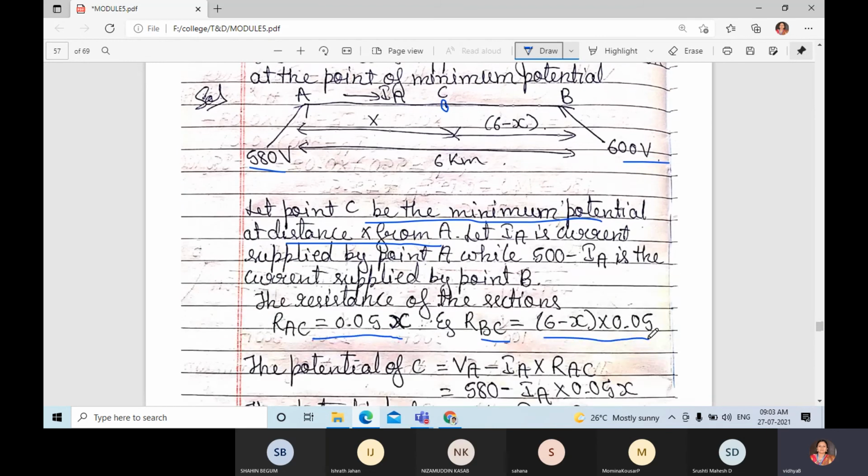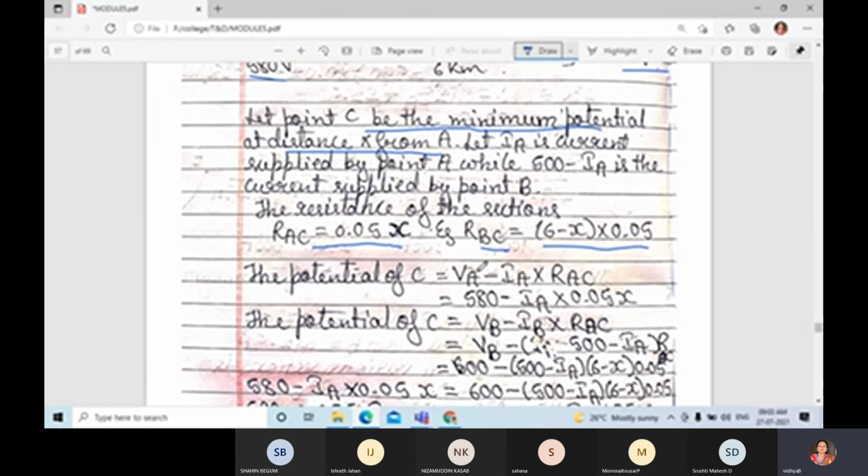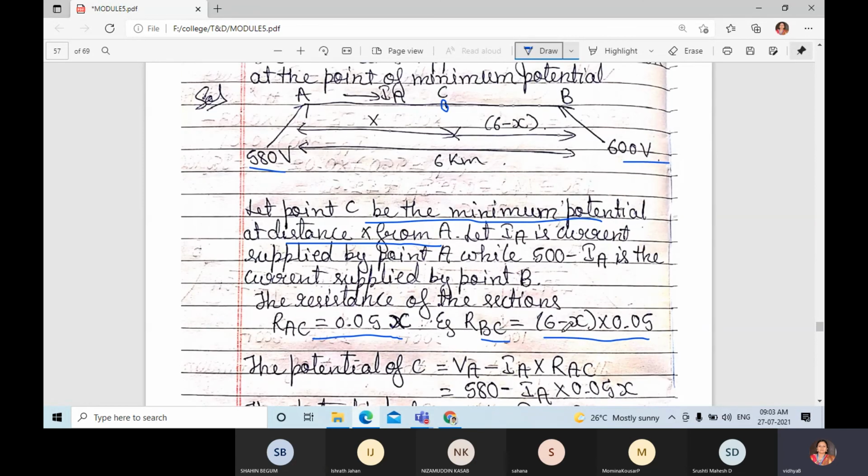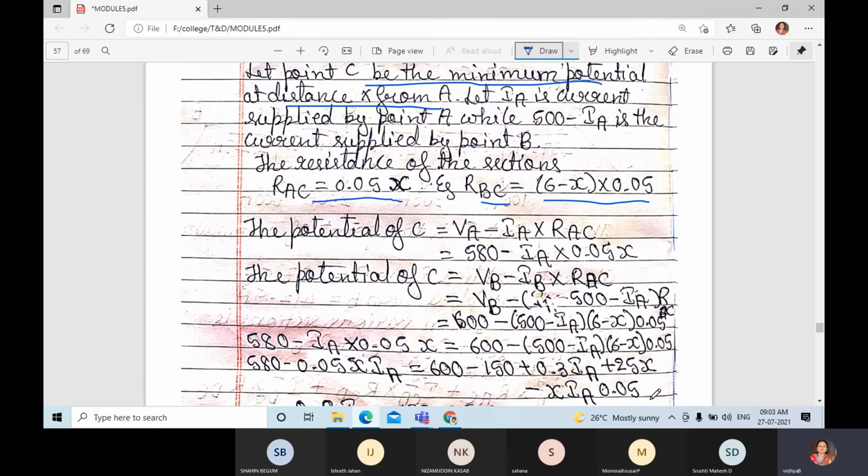Track resistance. The potential of C is equal to VA minus IA into RAC, the voltage drop. 580 minus IA into 0.05 into x. The potential of C is also equal to VB minus IB into RBC, the voltage drop due to the B side feeding.